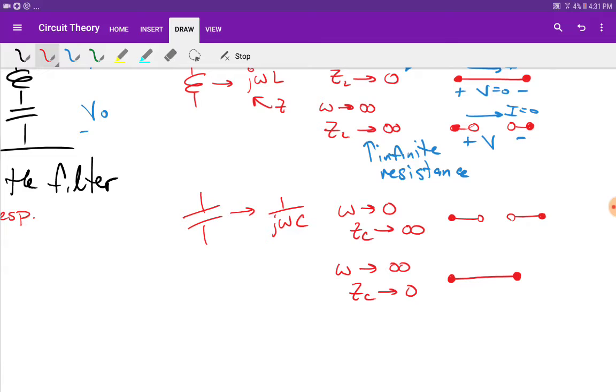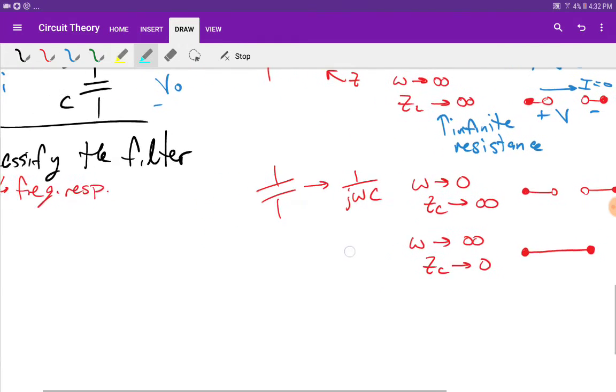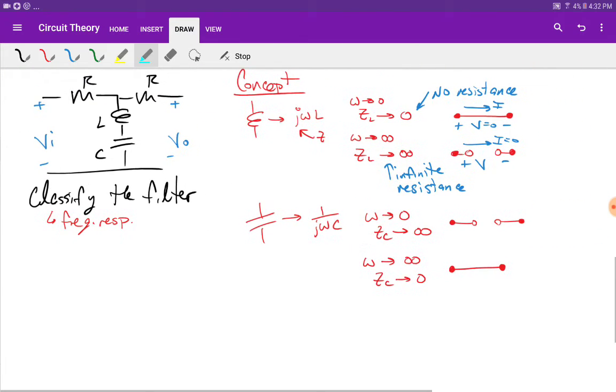Basically, if the time constant is really small and you don't really vary the voltage across the capacitor, then the capacitor is going to fully charge and fully discharge over the range when there are small frequencies, because the frequency is not changing fast enough. And so the capacitor acts like an open at low frequencies and acts like a short at high frequencies. So let's take those ideas and use that to classify this filter.